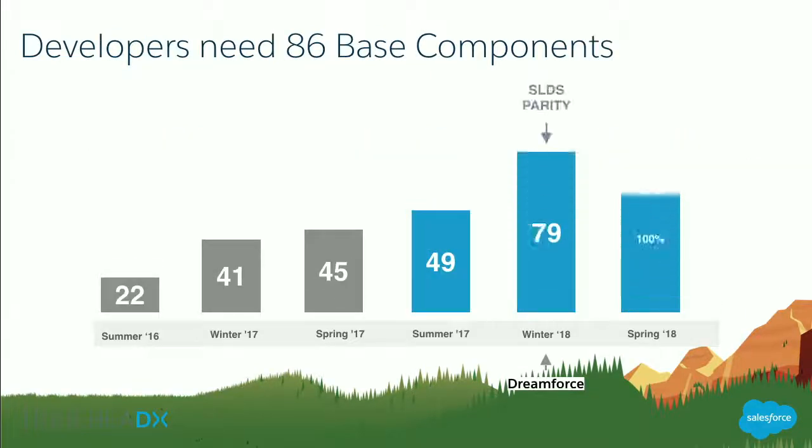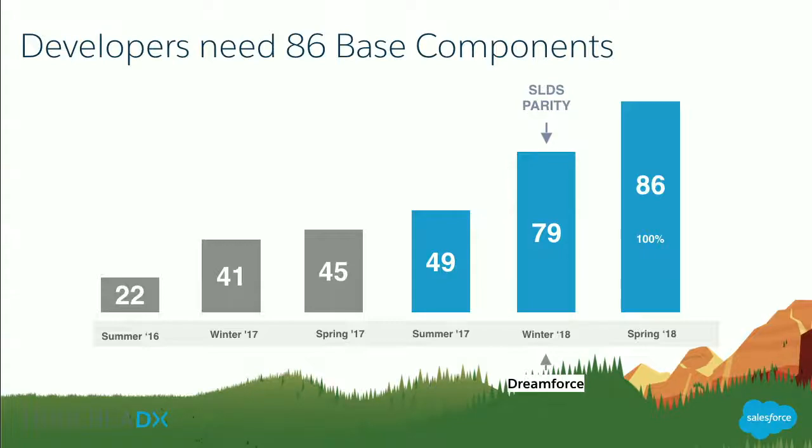And here is an interesting graph. Our product team really believes that each developer will at least need 86 Lightning-based components to build any kind of user interface with Lightning components. So for winter, which is the Dreamforce release, we plan to reach the number 79.